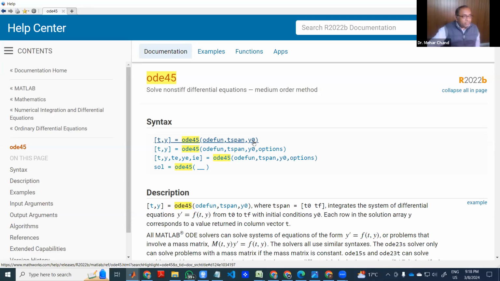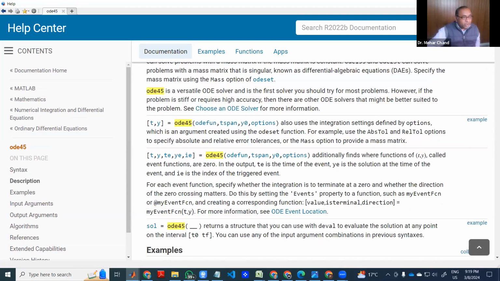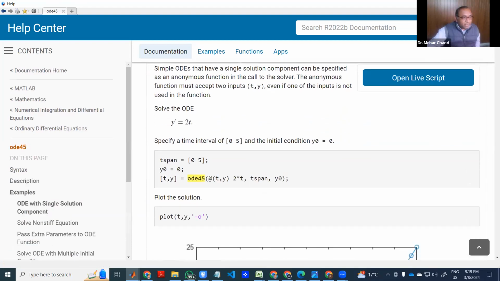Similarly, if other conditions are given, then you can use this one. And when you have a system of equations, then you can use this one also, depending upon the problem. Corresponding to this, you can find some examples here also.